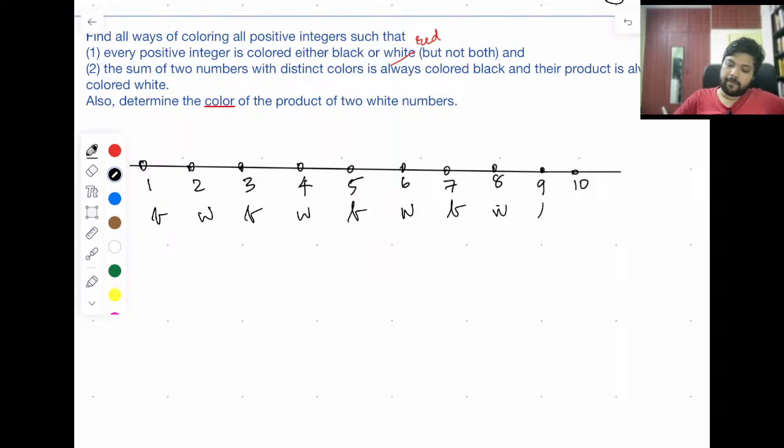Correct, yeah. Now it works. This works, that's fine. Or coloring everything with the same color also works. If you fix 1 as black and 2 as white, it will work.